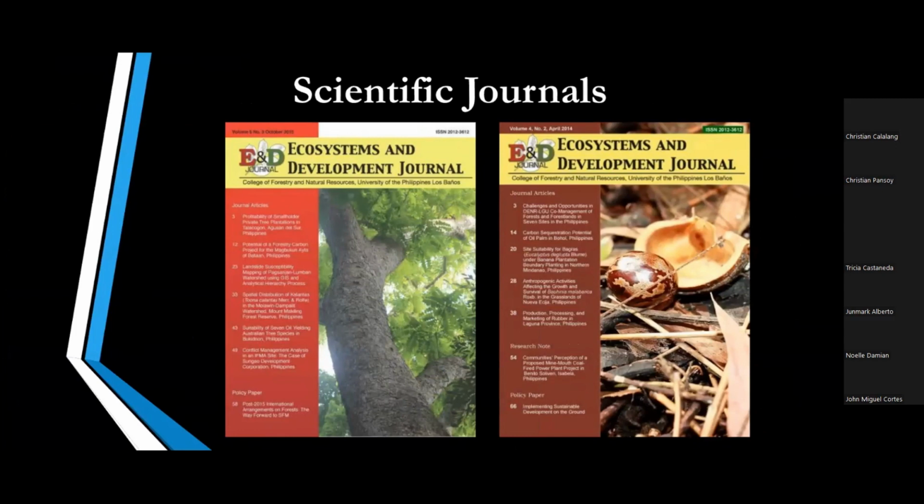So journals are peer-reviewed, minsan double blind yung review, peer-reviewed publications about scientific research. And most of the time, ang tinatanggap nila are the research that provides something new to the particular field or area nung scientific journal na yun.